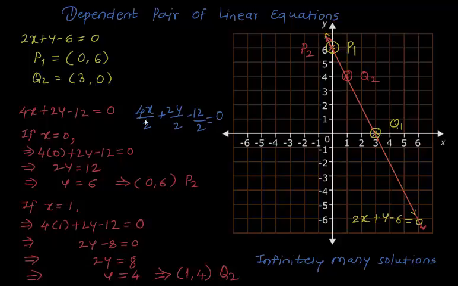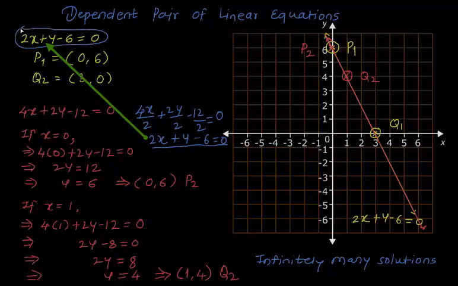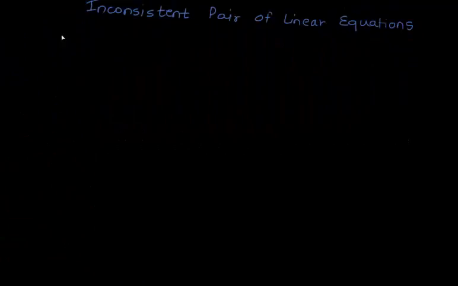Now after division what we get? 4x by 2 is 2x, 2y by 2 is y, minus 12 by 2 is 6, is equal to 0. So the equation 2x plus y minus 6 equal to 0 is nothing but the same equation. So the two lines are one and the same lines.